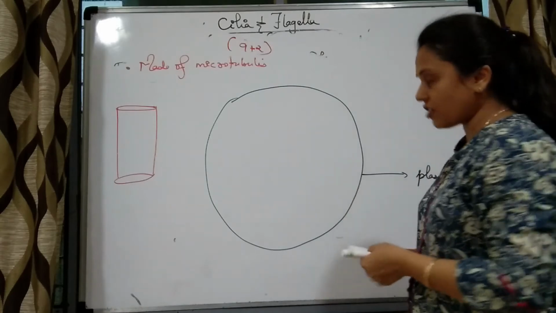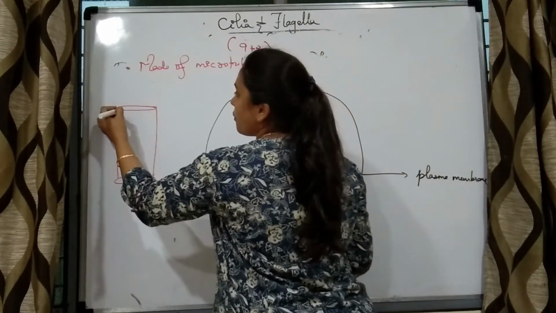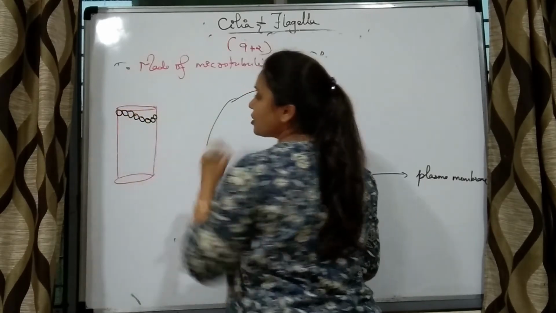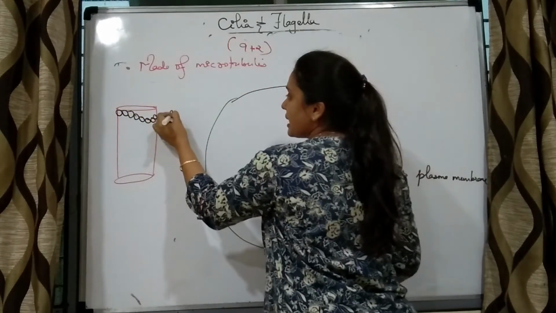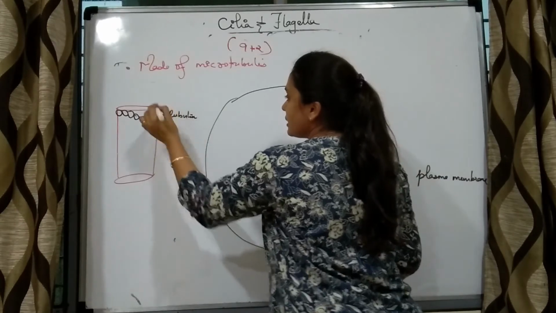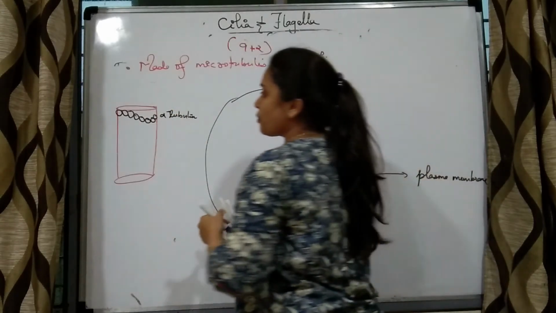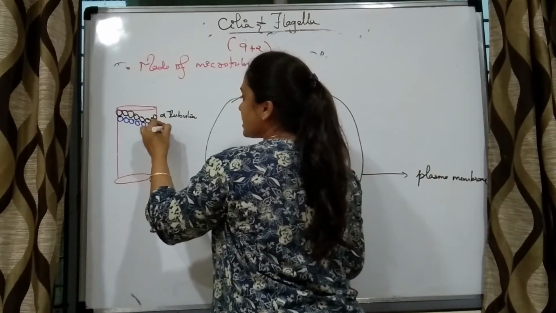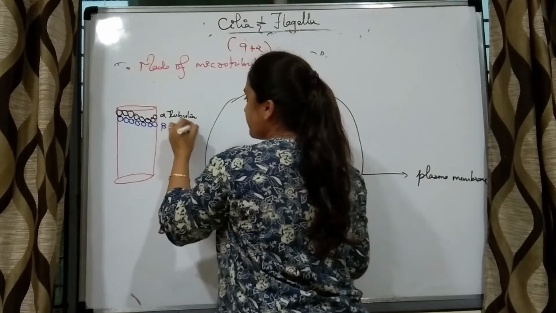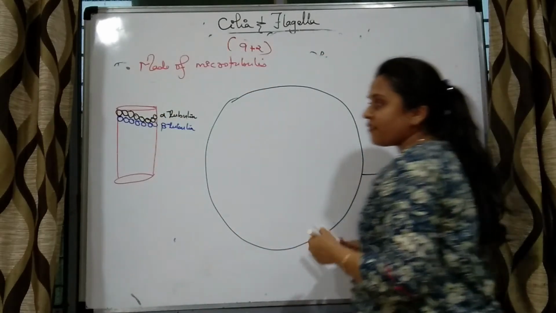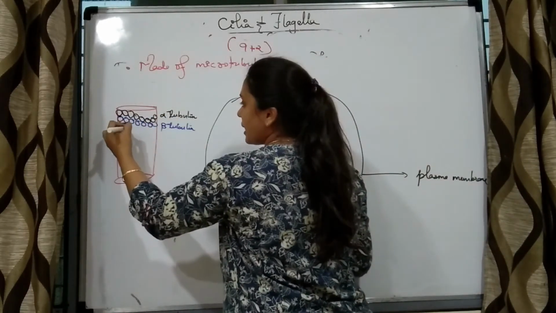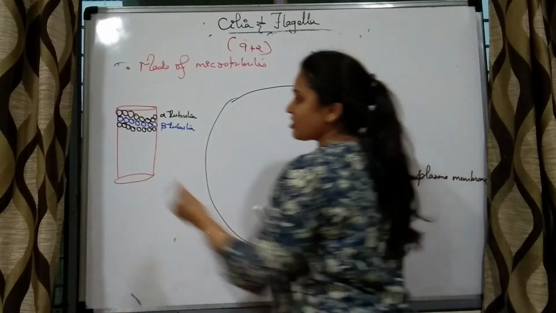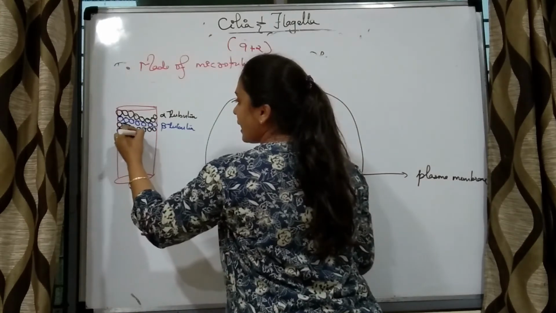Microtubules are tube-like structures made up of two types of tubulin protein: alpha tubulin and beta tubulin, arranged alternately with each other.